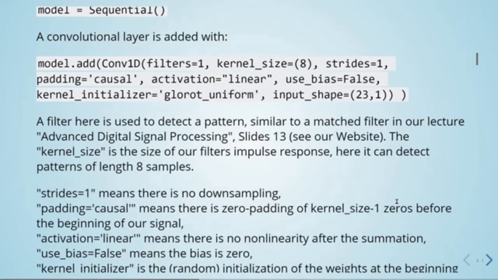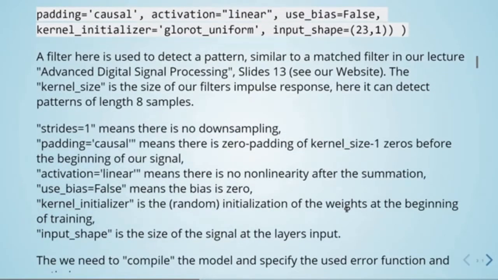Padding causal means that there is zero padding of kernel size minus 1 zeros before the beginning of our signal. Activation linear means that there is no nonlinearity after the sum, so we are not using a sigmoid or hyperbolic tangent. Bias equal to false means that the bias is 0. For the random initialization of our weights, we are using this Glorot uniform. And the input shape is the size of the signal at the layer's input.